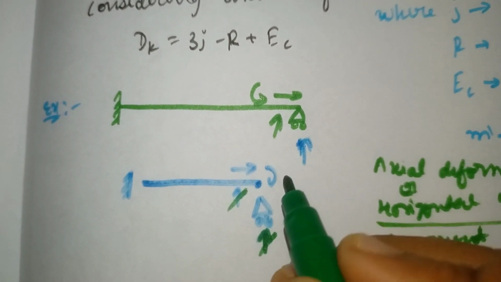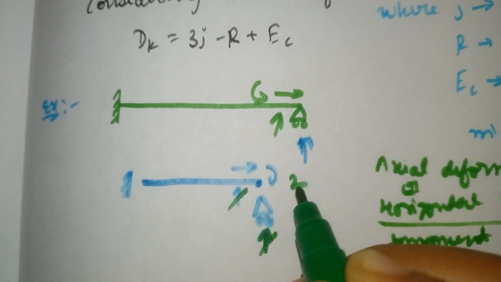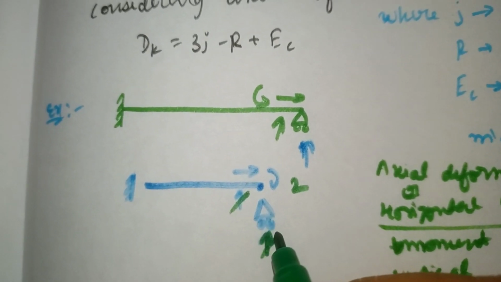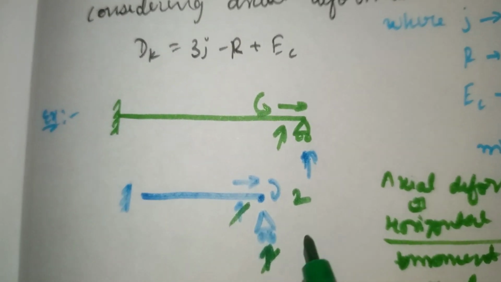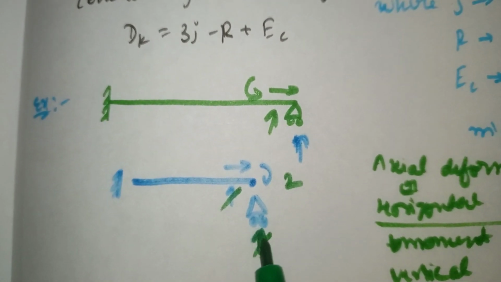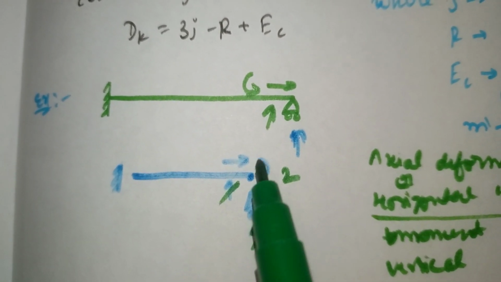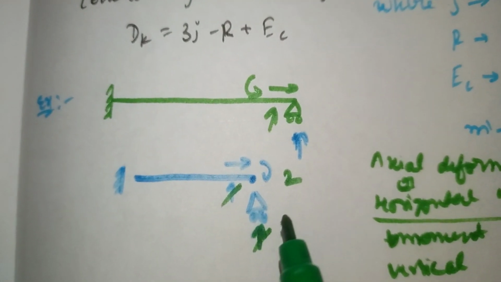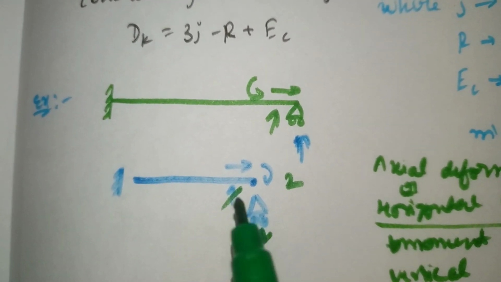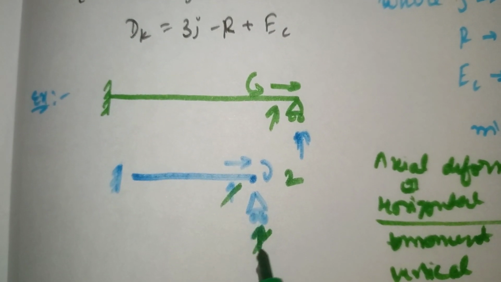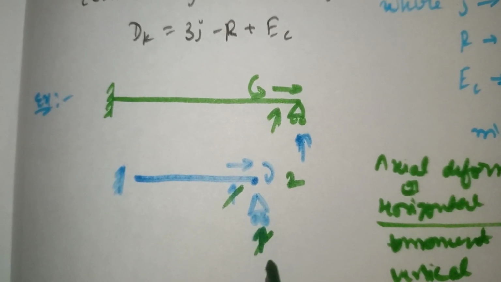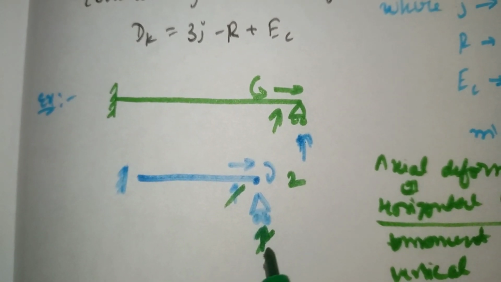The degree of freedom is 2 at the roller support, because there is no horizontal reaction on the opposite side and there is no rotation restraint; it can rotate freely. Only the vertical deformation and vertical reaction cancel each other.